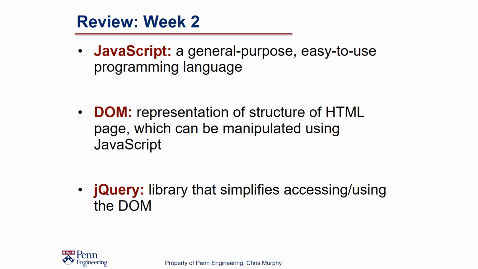The first is JavaScript, a general-purpose programming language that we can embed into our HTML pages. The second is the DOM, the structural representation of the HTML elements that can be manipulated using JavaScript. And last, jQuery, the library that facilitates DOM manipulation and allows us to select elements and add callback functions to different events.